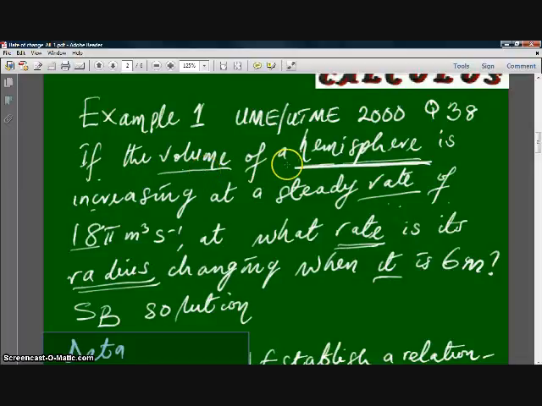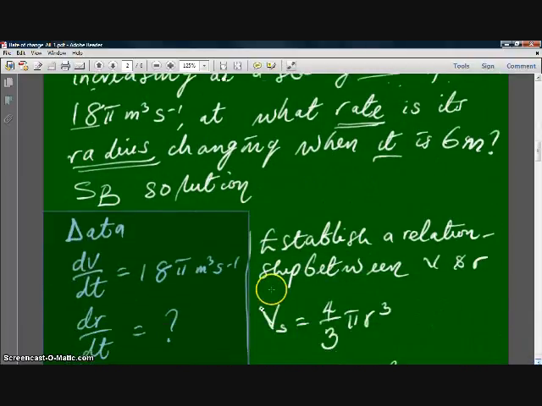If the volume of a hemisphere is increasing at a steady rate of this, you see, volume then rate, it means dV dt. Then we have been given dV dt to be equal to 18 pi meter cube per second.